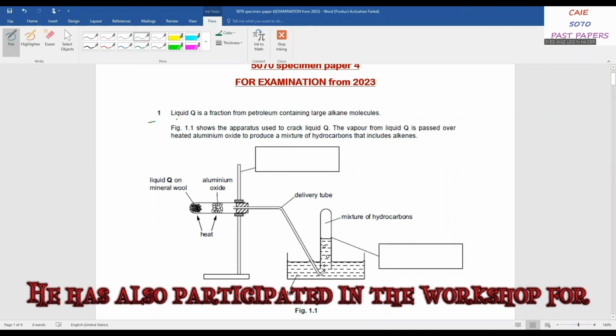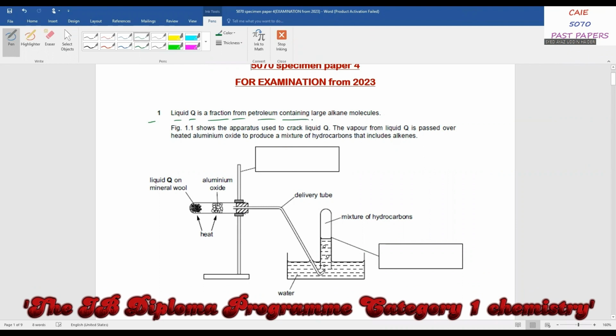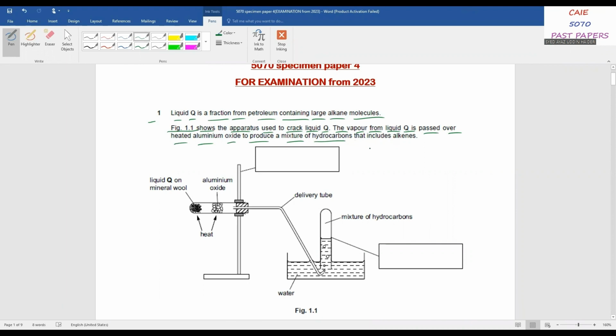Question number 1. Liquid Q is a fraction from petroleum containing large alkane molecules. Figure 1.1 shows the apparatus used to crack liquid Q. The vapor from liquid Q is passed over heated aluminum oxide to produce a mixture of hydrocarbons that includes alkenes.